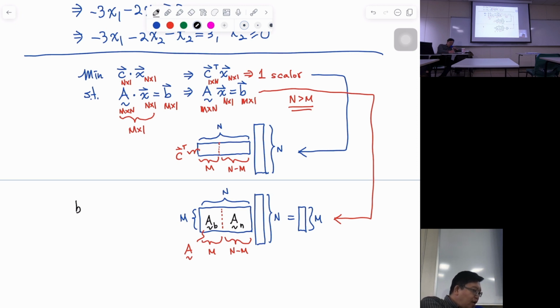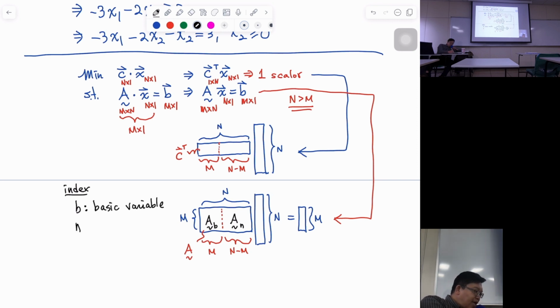The index b means the so-called basic variable.